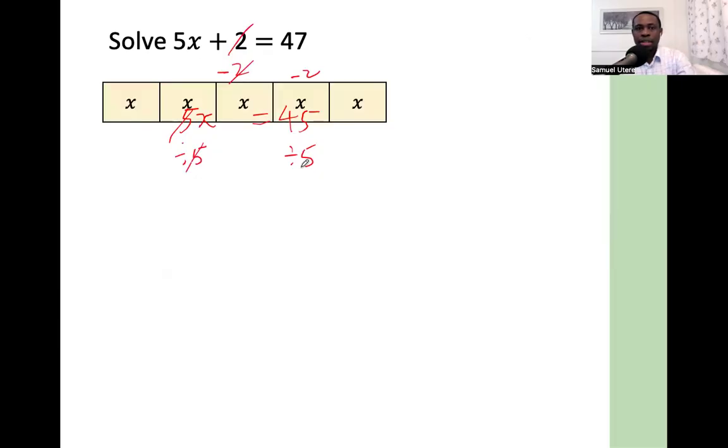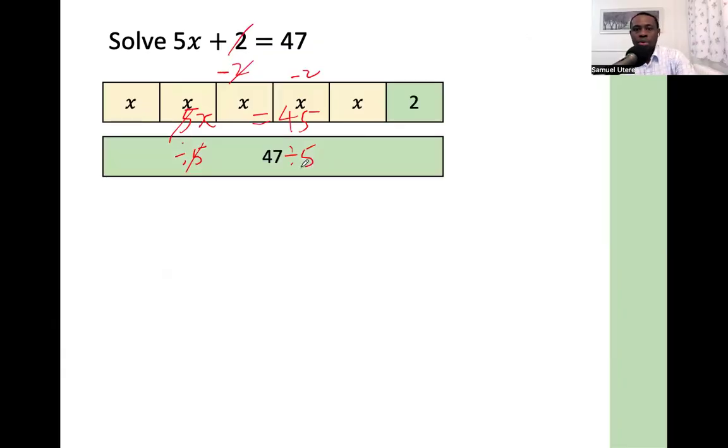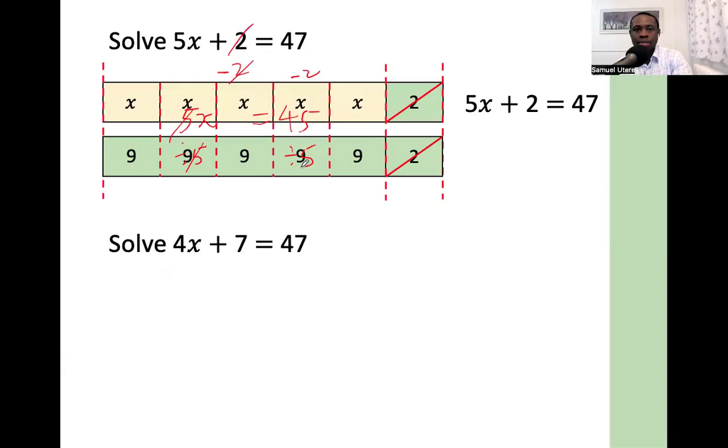If we represent this as a bar model, it's going to look like this, with an additional 2 equal to 47. Now, if we slice off the part for the 2 so that the bar is equal to the x's, so that we can then divide the x by 5, we will get this. And that gives us x equal to 9.